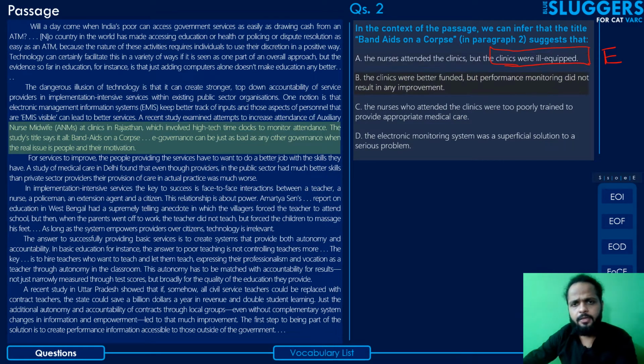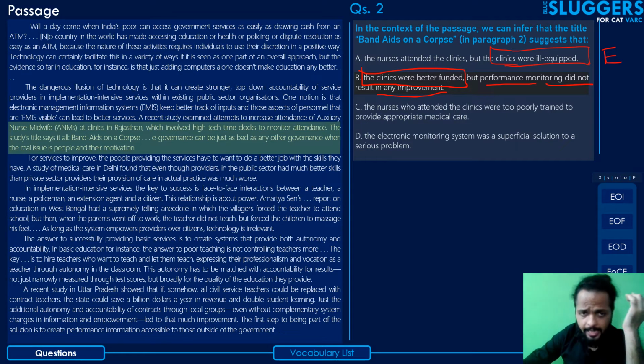Next, option B, the clinics were better funded, but performance monitoring did not result in any improvement. So yeah, the performance monitoring did not result in any improvement part is something that we can agree with, but nowhere does the author say that the clinics were better funded. No discussion has been had on how well or not so well funded the clinics were. And moreover, you'll have to make a lot of assumptions to make this somehow relate with Band-Aid on a corpse.